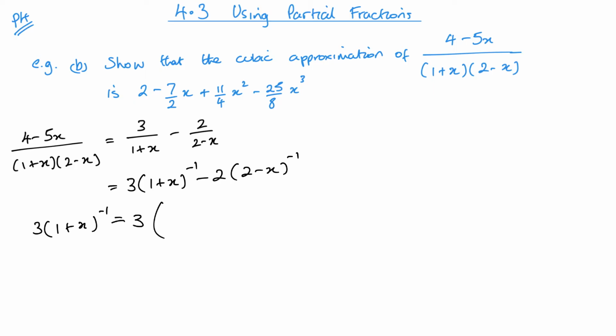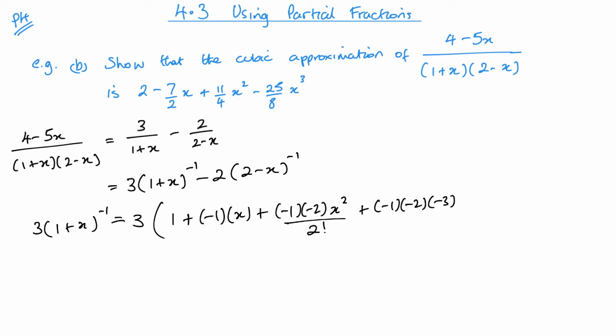So it's going to be 3 lots of 1 plus (minus 1) times x plus (minus 1)(minus 2) times x squared over 2 factorial, and then we've got (minus 1)(minus 2)(minus 3) x cubed over 3 factorial.